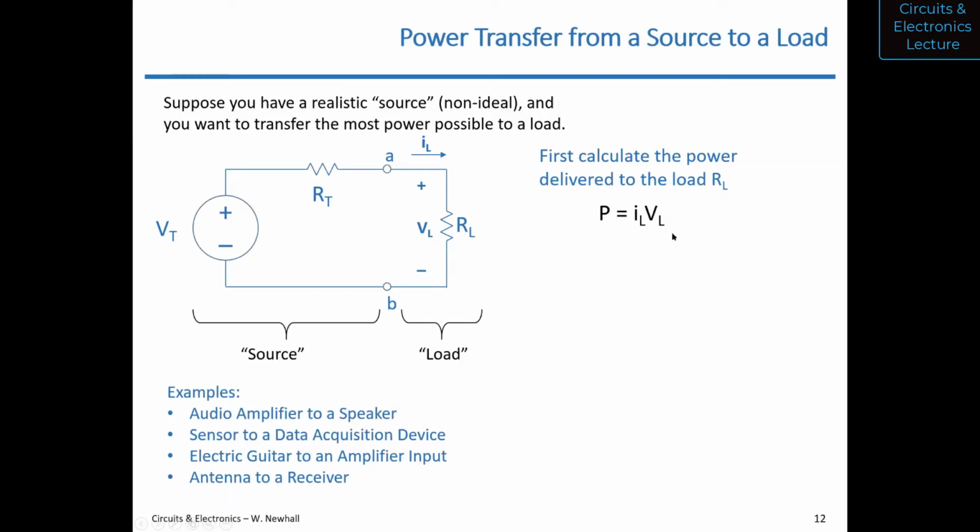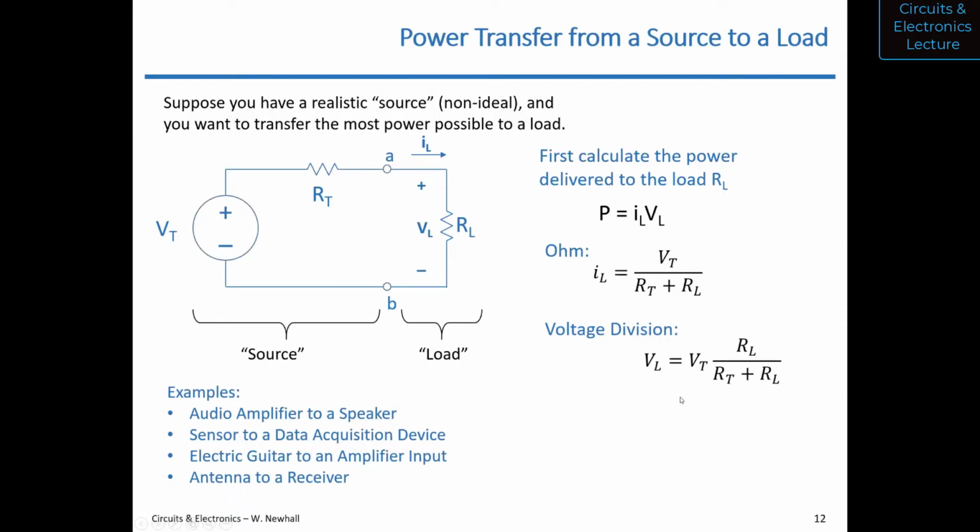Let's first figure out what is the power delivered to the load. It's going to be the load current times the load voltage, just like we talked about at the beginning of class. Ohm's law says that the current is going to be equal to the voltage across those series resistors divided by that total series resistance. The voltage VL can be calculated using voltage division, since RL is in series with RT.